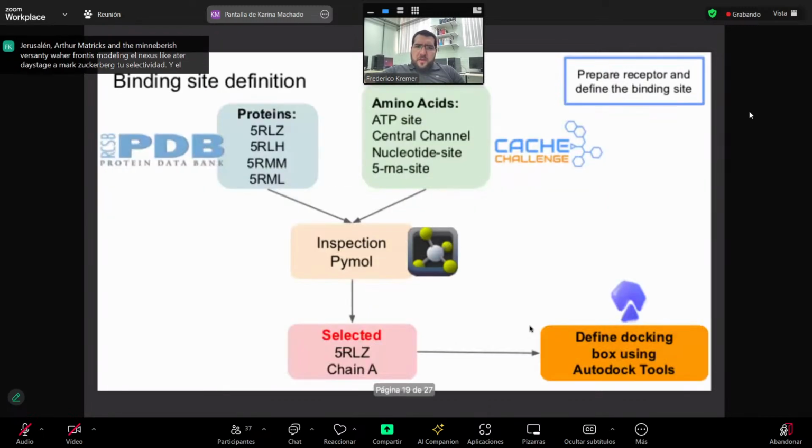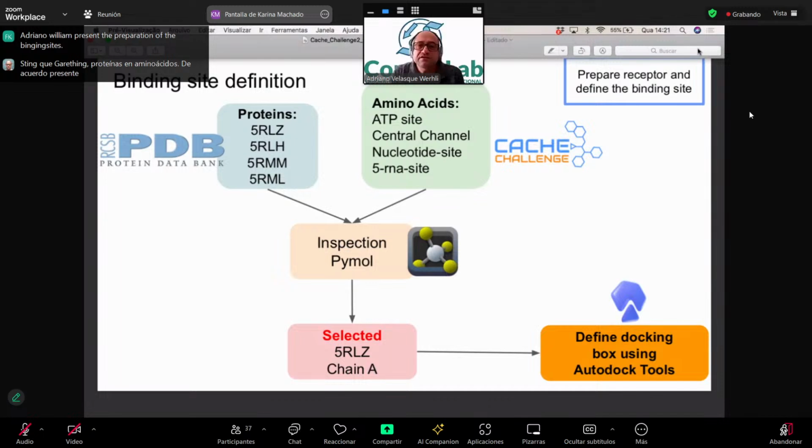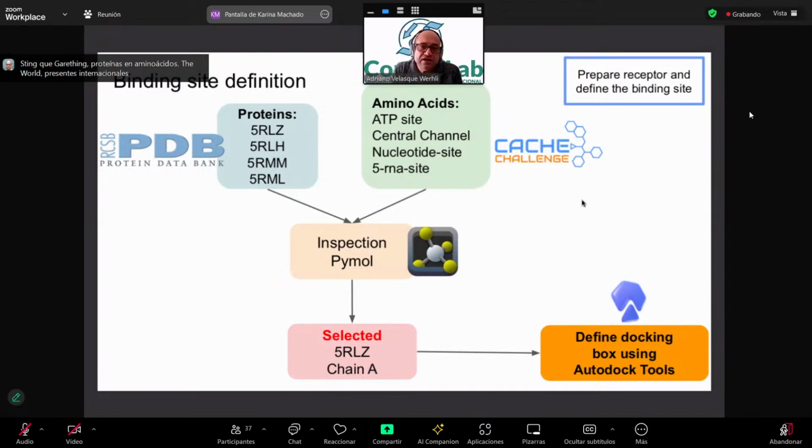And now Adriano will present the preparation of the binding site. Yes, thank you, Frederico. For preparing the binding site, we started by getting the proteins and the amino acids that were presented in the announcement of the CACHE Challenge.